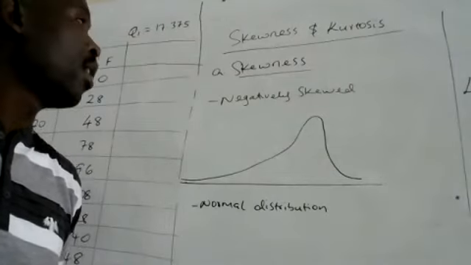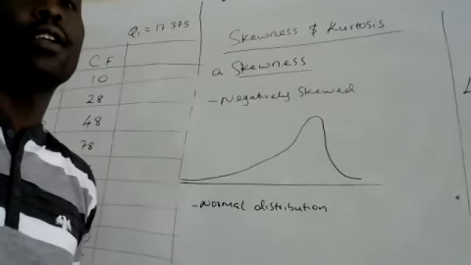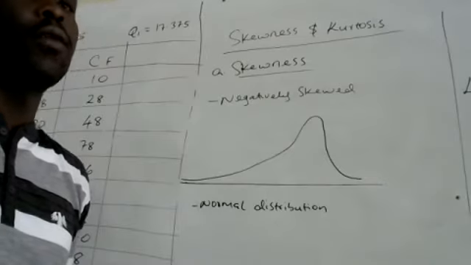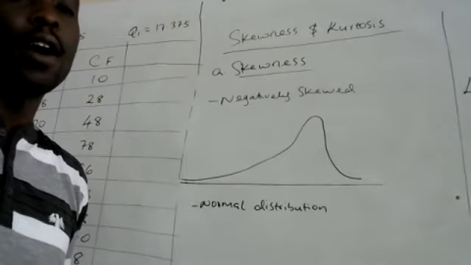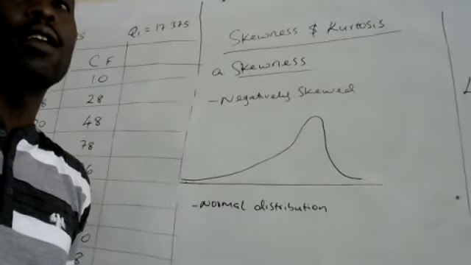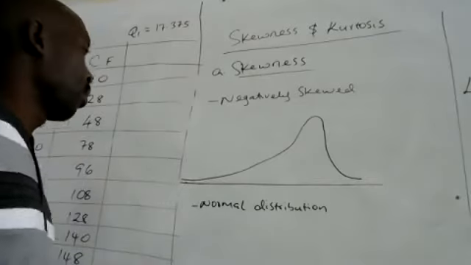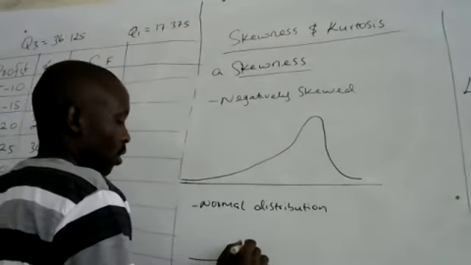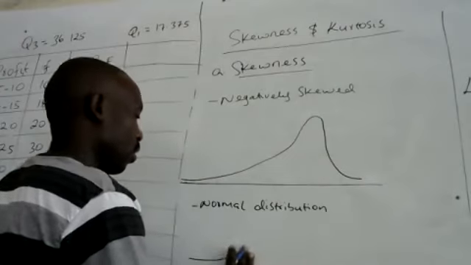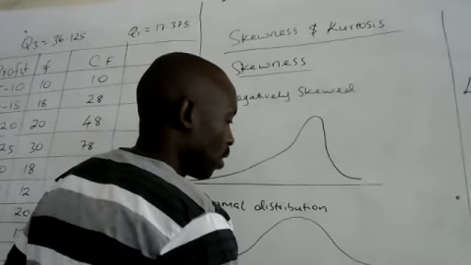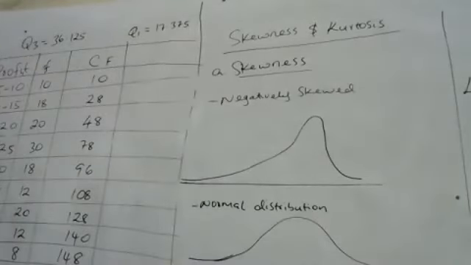And the data to the left and the one to the right are balanced. So such kind of a distribution is normally said to be normal.